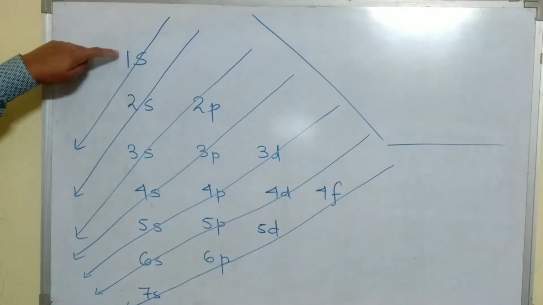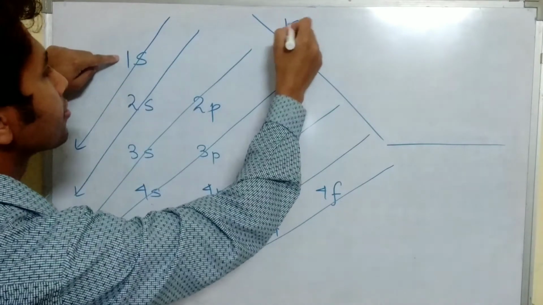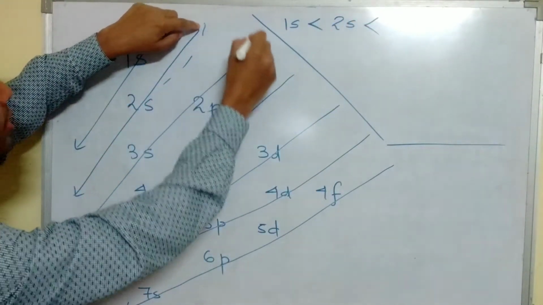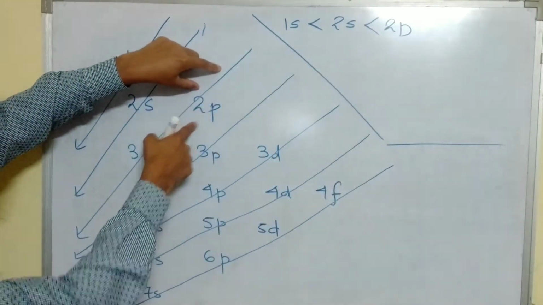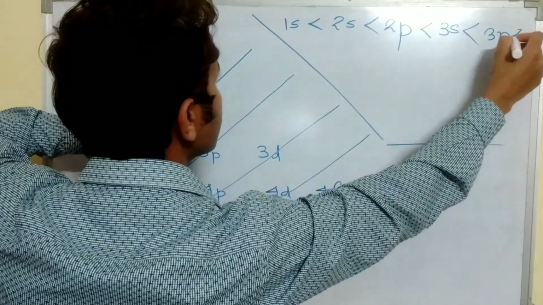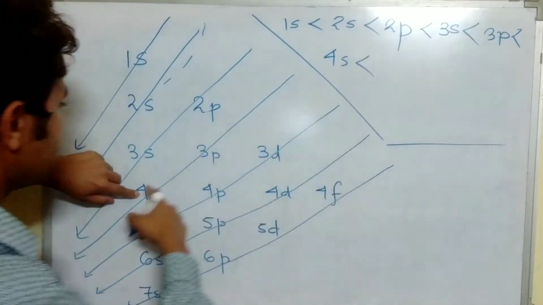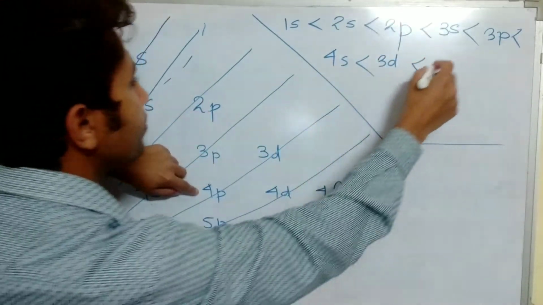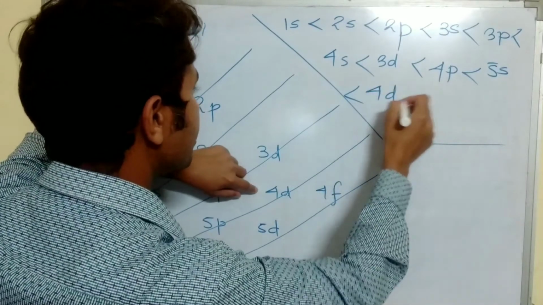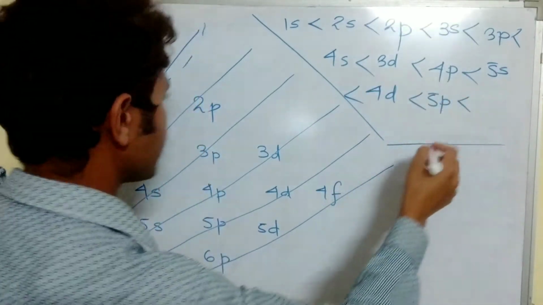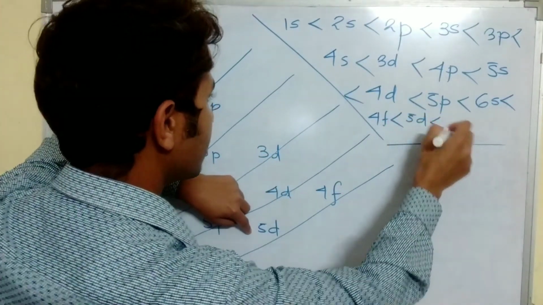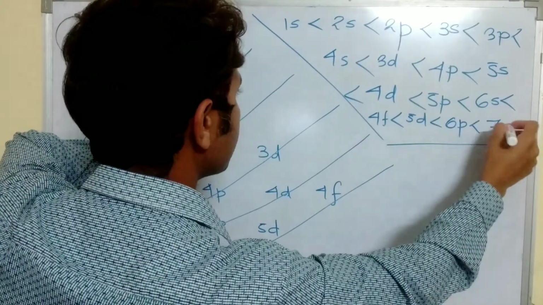You see, first we go to 1s, then we come again here, then 2s, then again we go through 2p, then 3s, then again 3p, then 4s, then 3d, then 4p, then 5s, then 4d, then 5p, then 6s, then 4f, 5d, 6p, then 7s.